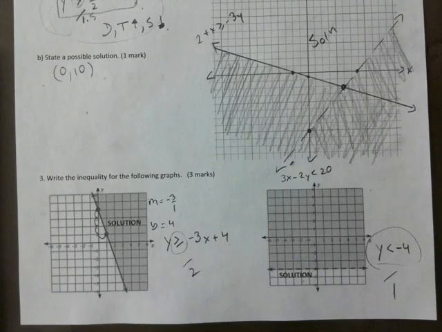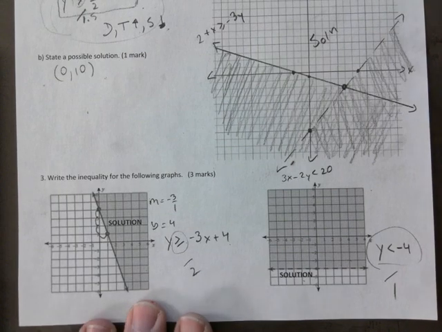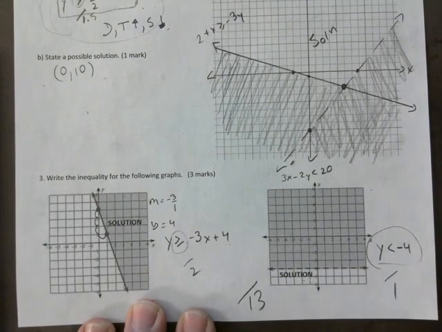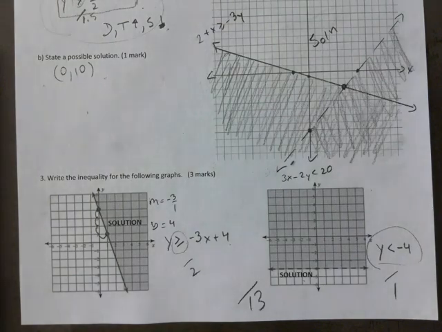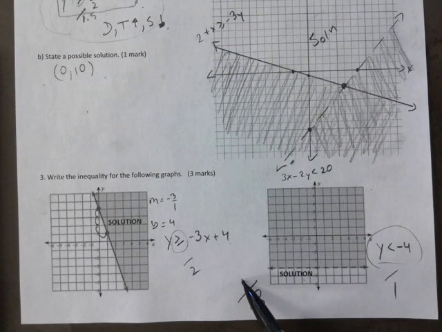So 3, 3, and 2, that's 8, 9, 10. And another 3. This backside is 13. So kind of just do the math, like where did I lose marks? Take that off from 13. And that's what you get on this backside.